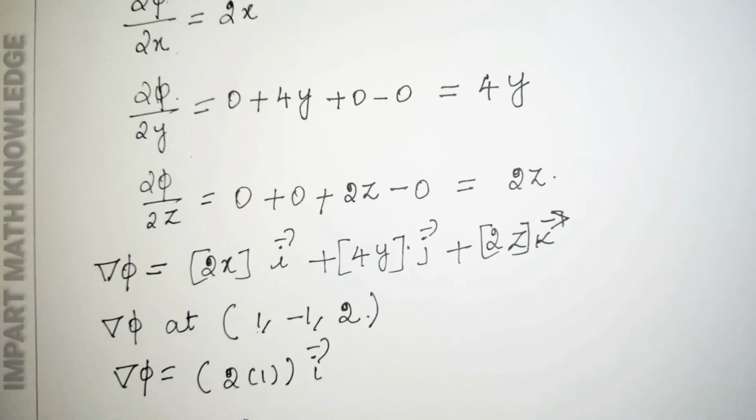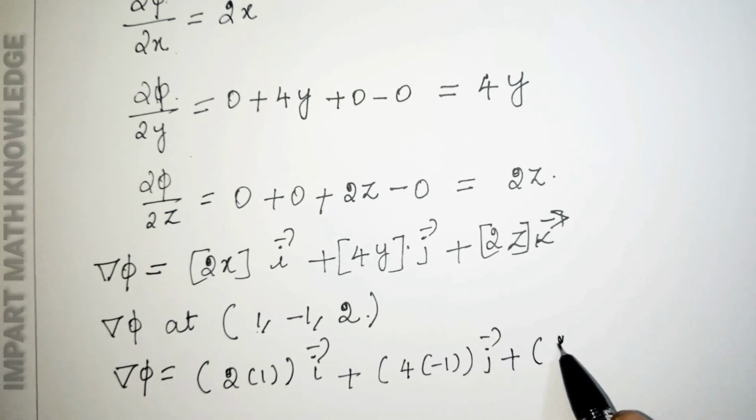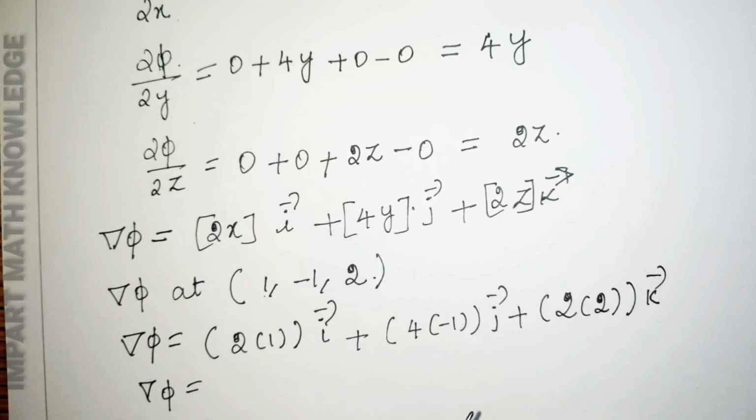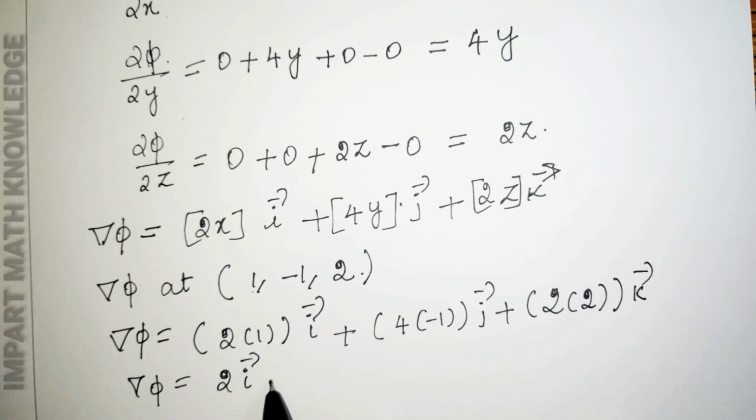Del phi is equal to 2, x value is 1, i vector plus 4, y value is minus 1, j vector plus 2, z value is 2, k vector. So del phi is equal to 2i vector minus 4j vector plus 4k vector.